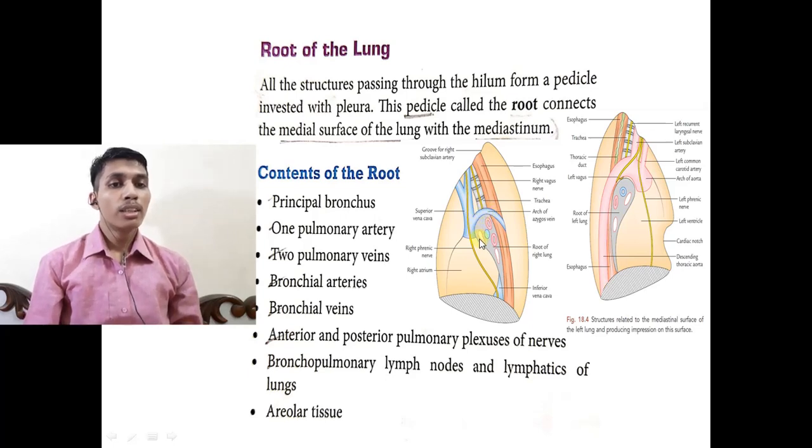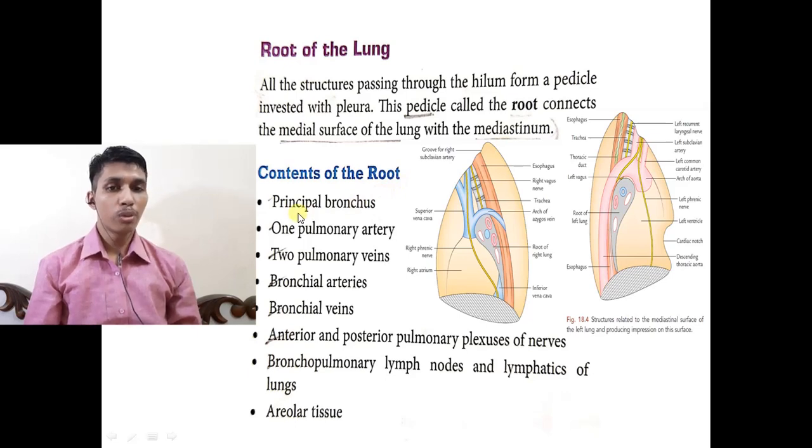The outer wall of this root is made up of a tubular sheath made from the mediastinal pleura or the pulmonary ligament. Okay, so here we discuss the content or the components of the root.